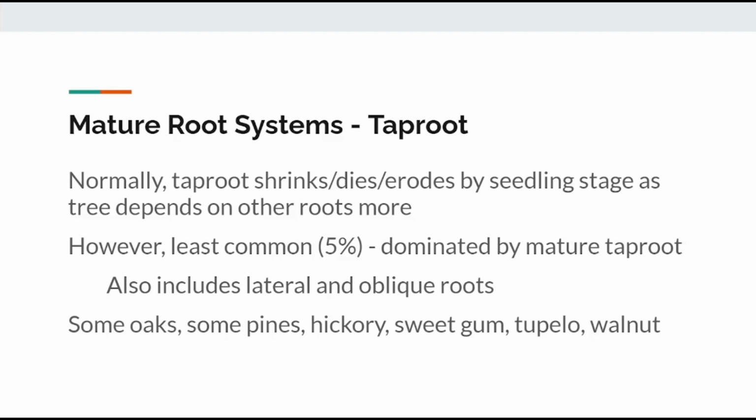This mature root system is also called the taproot system since it is a continuation of the taproot system seen in young trees. Taproot systems also possess lateral and oblique roots, but to a lesser extent than the previous two systems. Examples of tree species that use this root system are some oaks and pines, hickory, sweet gum, tupelo, and walnuts.